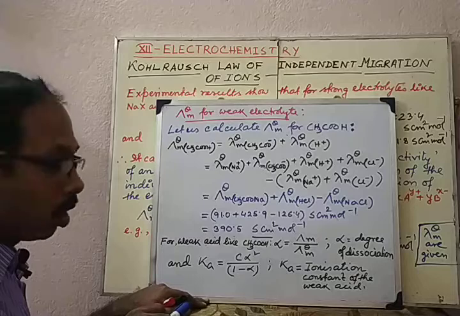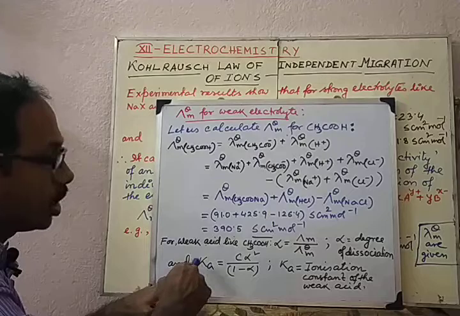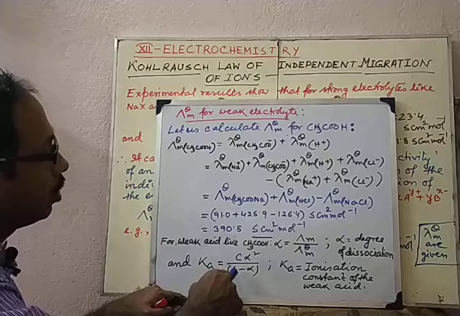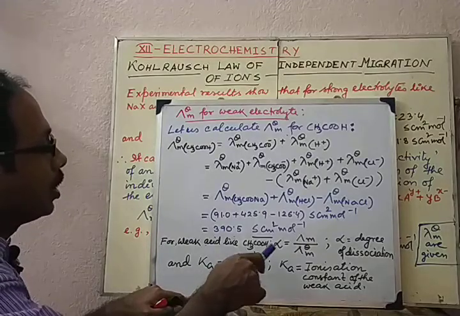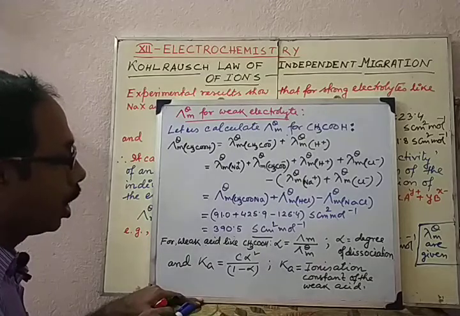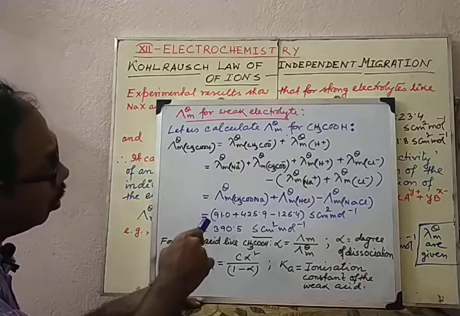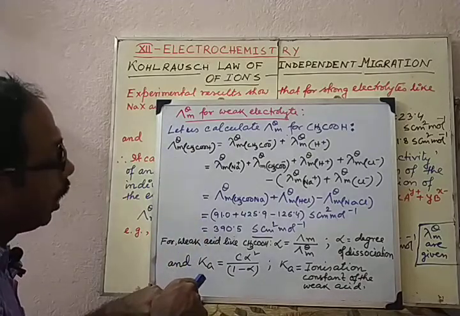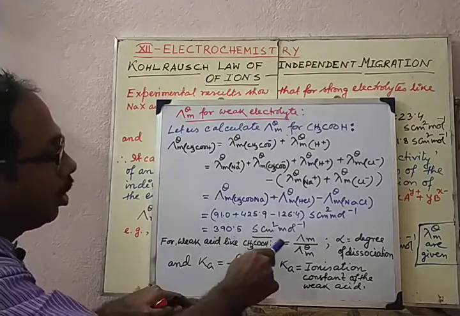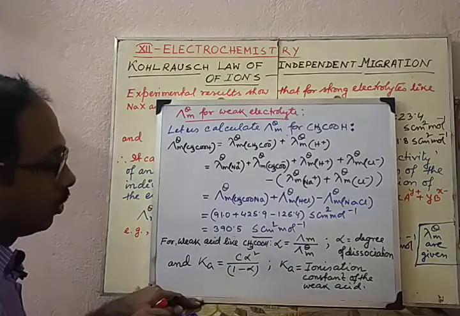And from class 11 knowledge, we know that this alpha is related with the ionization constant of the acid, which is Ka equals C alpha square divided by 1 minus alpha, where alpha is the degree of ionization and C is the given concentration for the weak acid. In this way, for a weak acid, this Kohlrausch law can be used to calculate the limiting molar conductivity and therefrom the degree of dissociation and therefrom the ionization constant.